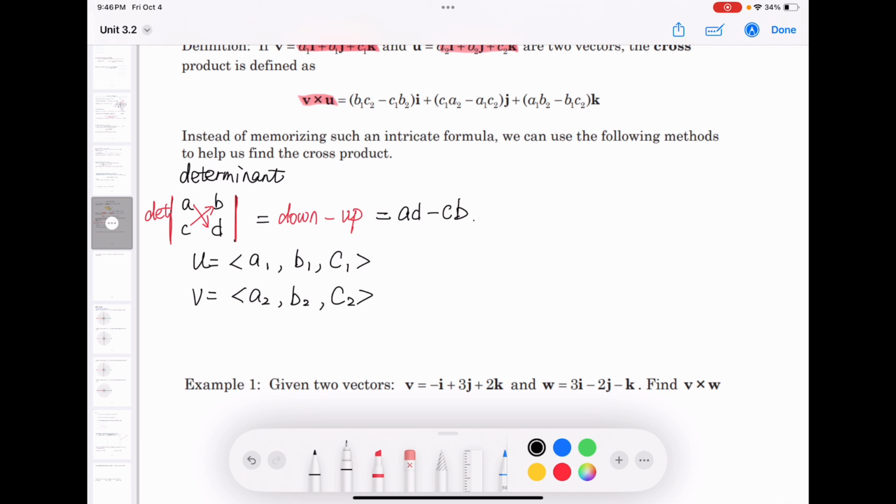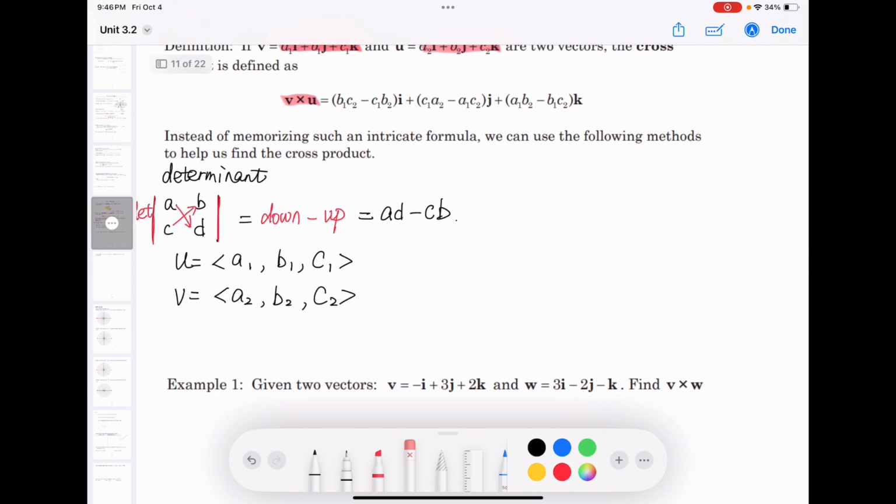You remember that I could write them in the IJK form, which is A sub 2 i plus B sub 2 j plus C sub 2 k, but I'm not writing it in that form. For the I component, we are going to have A sub 1, A sub 2. For the J component, we say B sub 1, B sub 2.